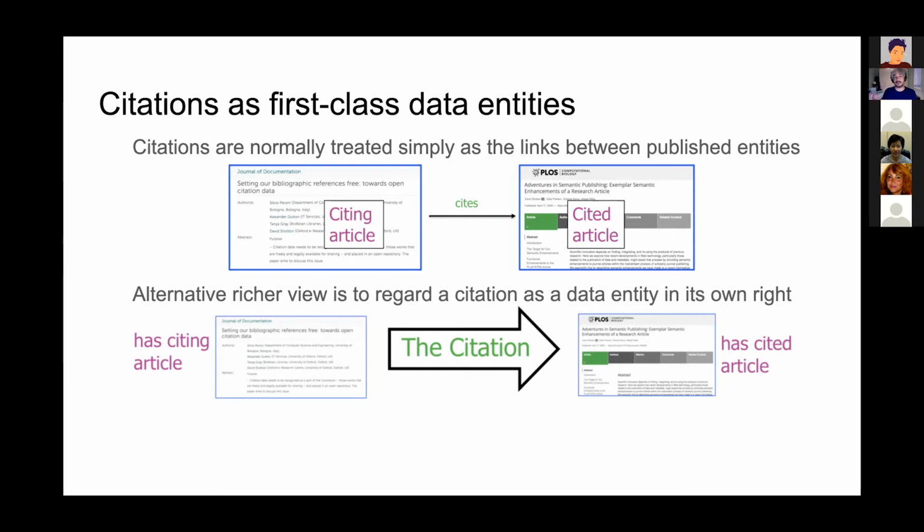It's a first-class data entity that actually has a series of associated metadata, including metadata referring to what is the citing article and what is the cited article. But here the perspective is totally different.